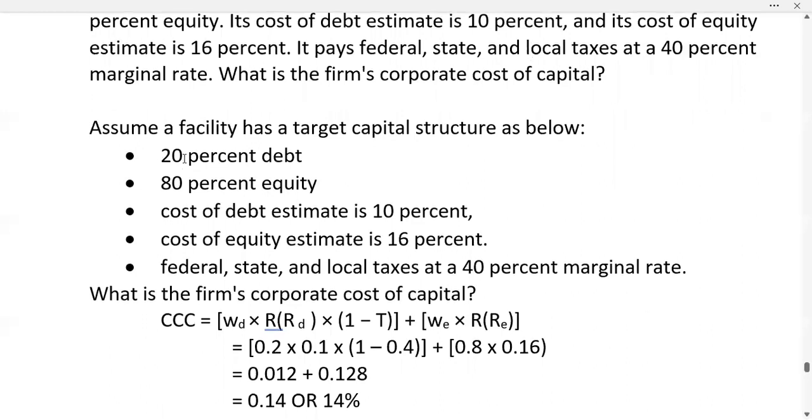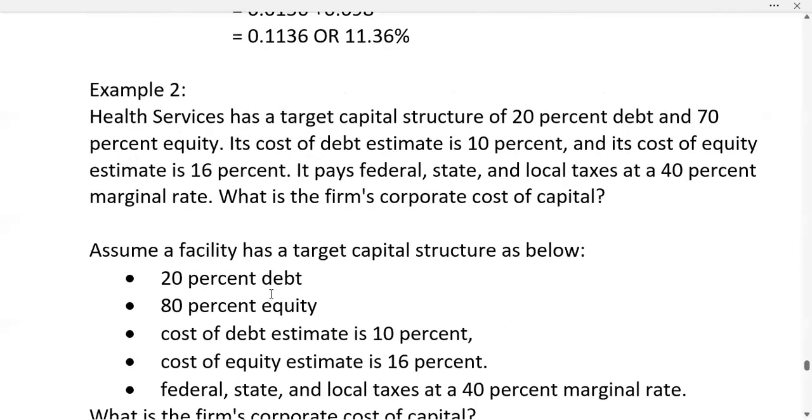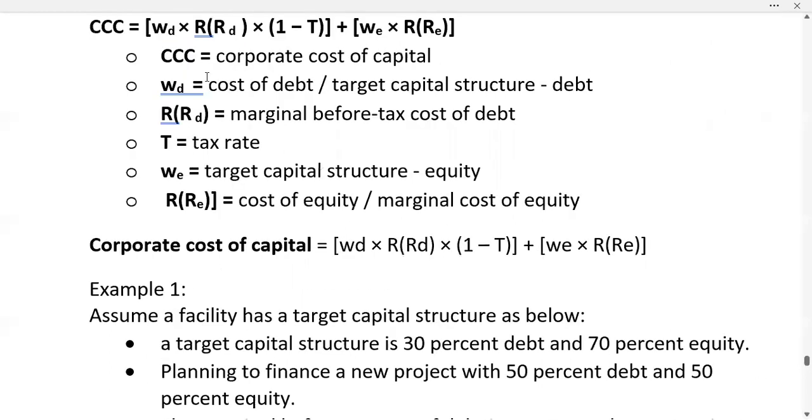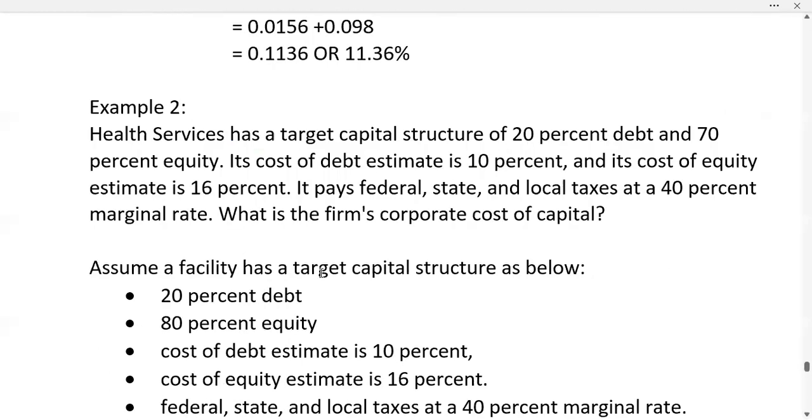Entering the information as follows, we use the same formula. Now we know that your WD, or target capital structure debt, is 20%.